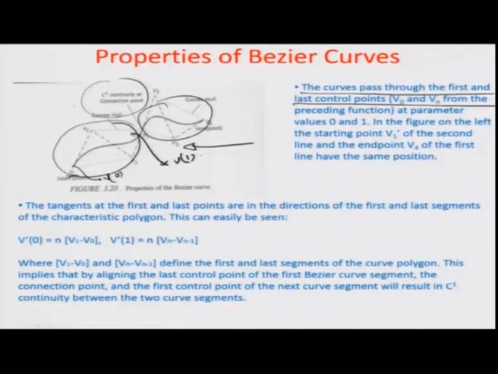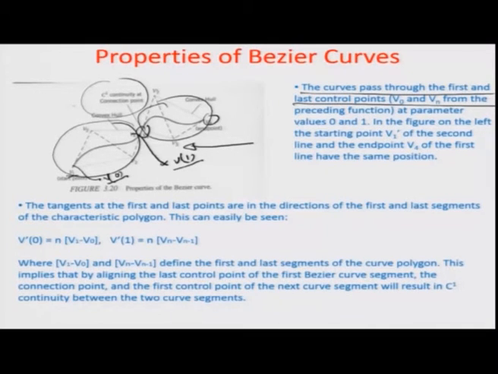And so, V0 and V1 are the parametric forms of representation of these point vectors, representing V1 and V4 in space for the first segment, and V1 dash and V4 dash are those for the second curve segment.